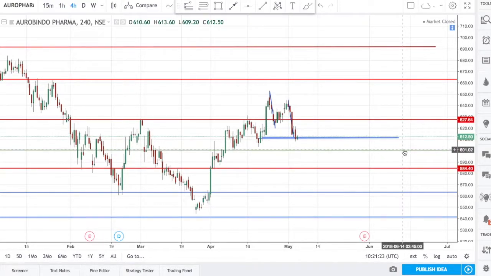Next, Fib confluence, or Fibonacci confluence. Let's check if we can find any.